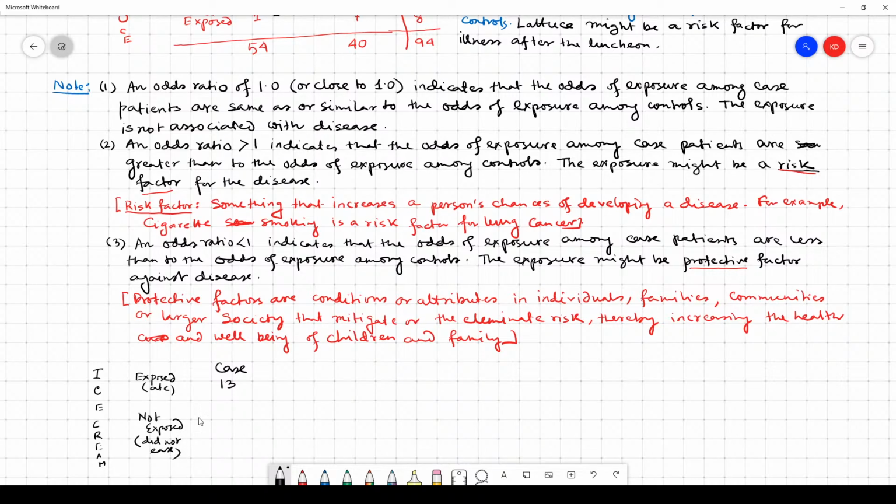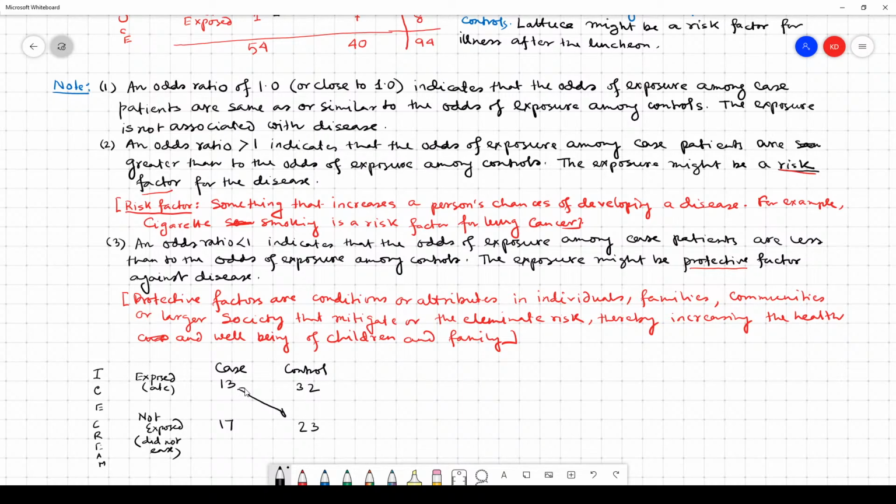and not exposed, who did not eat ice cream, under the case study, that is 17, and in the control, exposed is 32 and 23 not exposed.